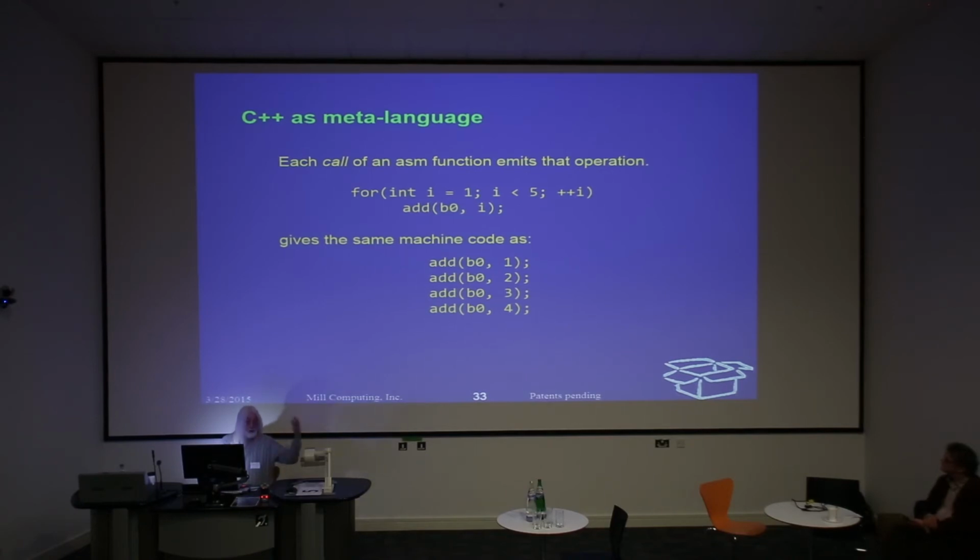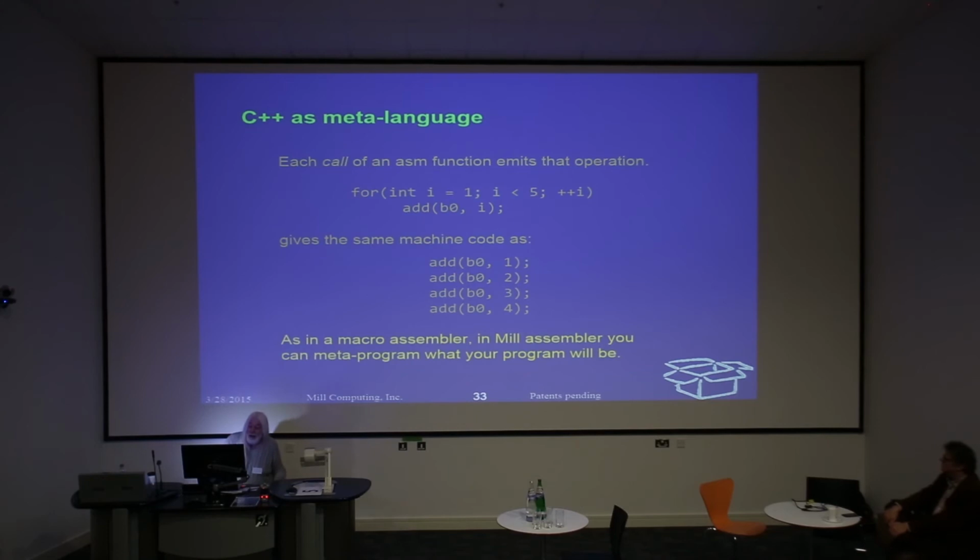You can use your C++ code to build complicated data structures and have it emit the results as you see. You write your meta program to produce the machine program that you have in mind, and this is exactly what you do in a classic macro assembly. By using C++, we were able to save the cost of having to produce our own macro assembler.